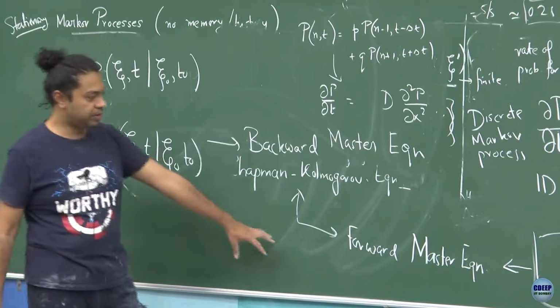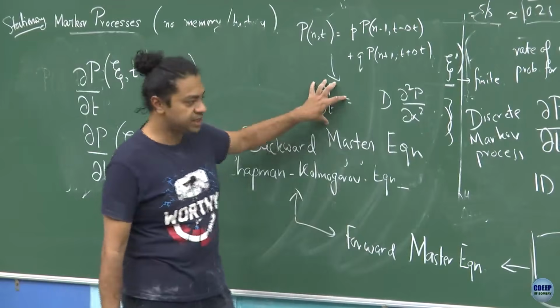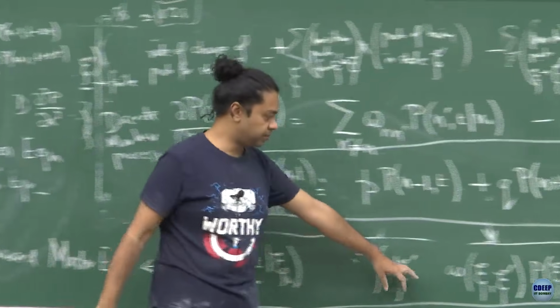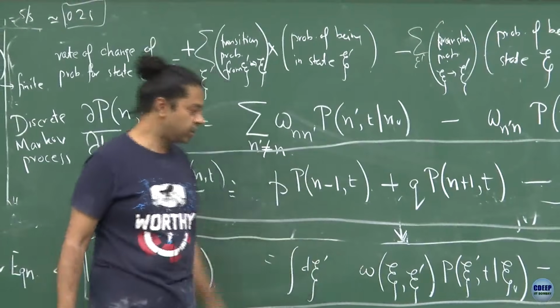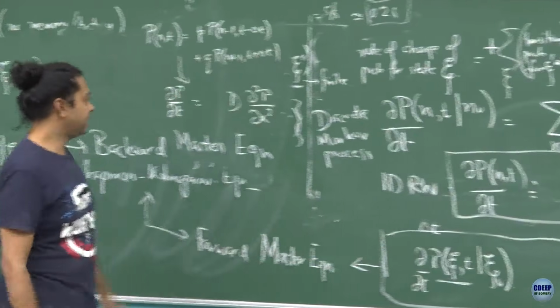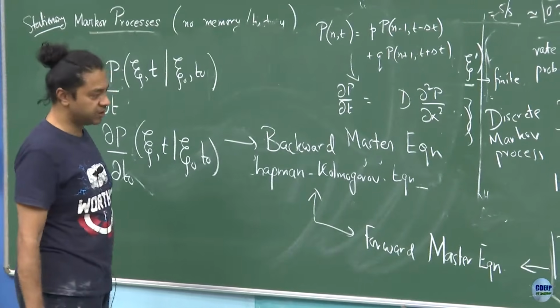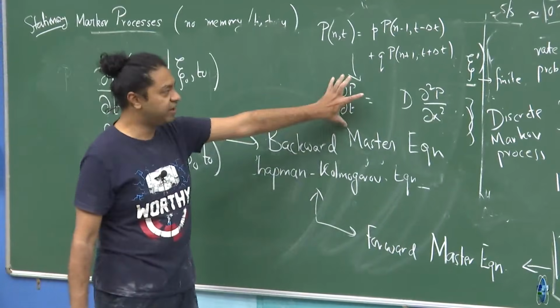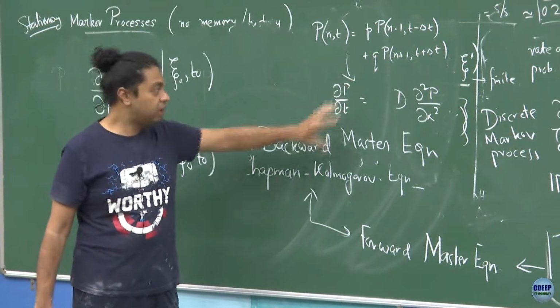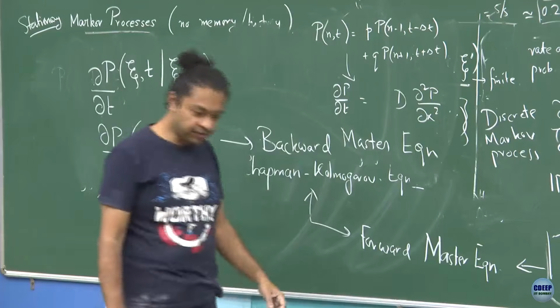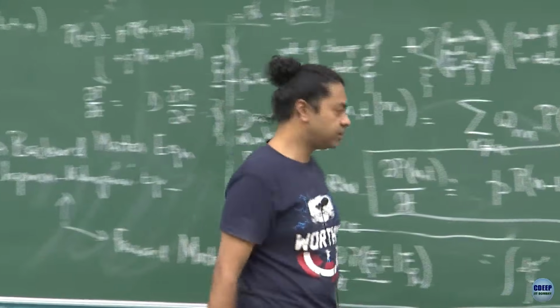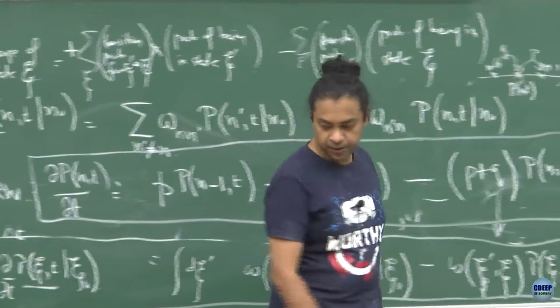So, till now the master equation is just discretizing space. It does not depend on whether the state space is continuous or discrete. In particular, if I take that as continuous, I can do something more with this master equation, which is I can derive the general form of the diffusion equation for these Markov processes, which is what I will do next day. It is called the Kramers-Moyal expansion.